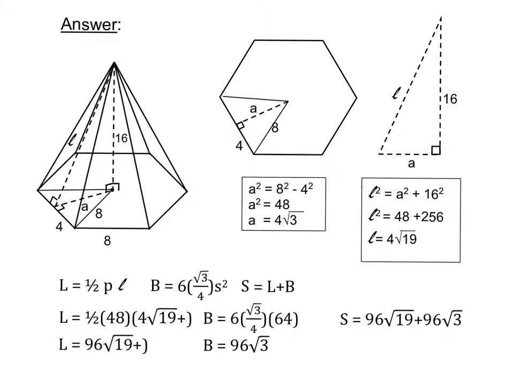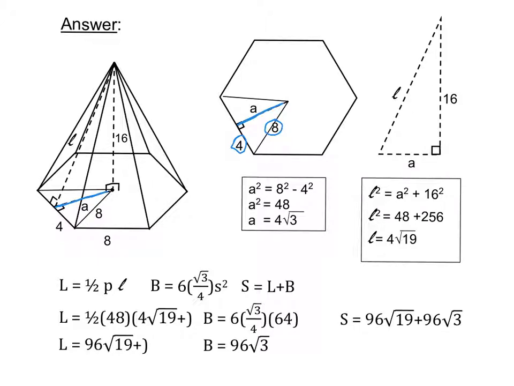As I had mentioned, we needed to find the apothem, which was this length right here. So what I've done is I've taken the area of the base, and I know I need this apothem, but I know that I have equilateral triangles. So this is 8, and the entire length of the side would be 8, but I'm only interested in half of it, so that's a 4.